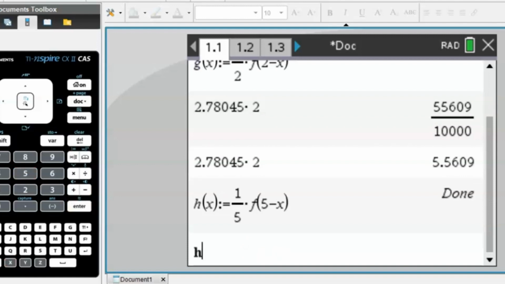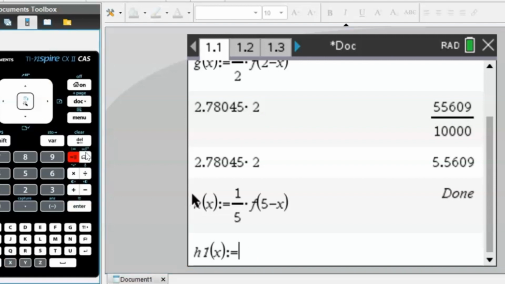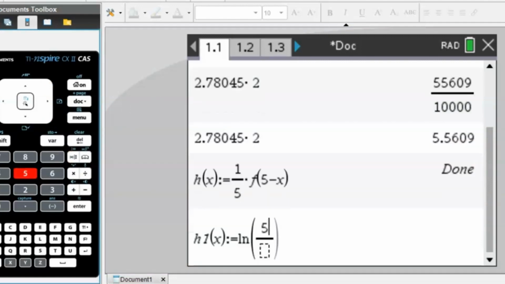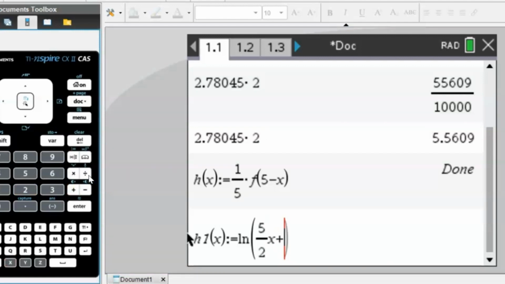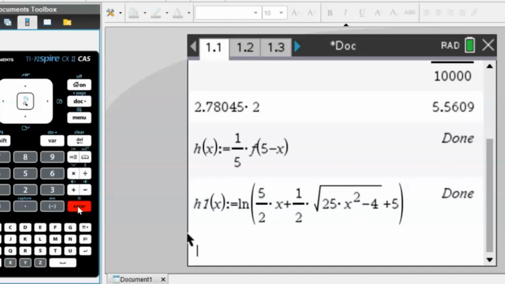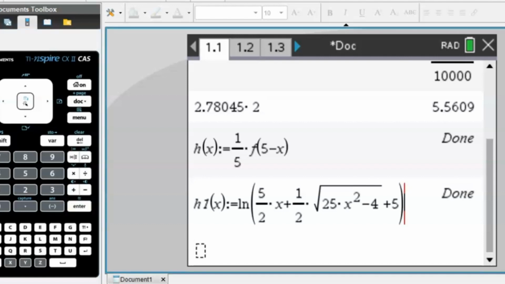Alright, that one is actually, the 5 was k.